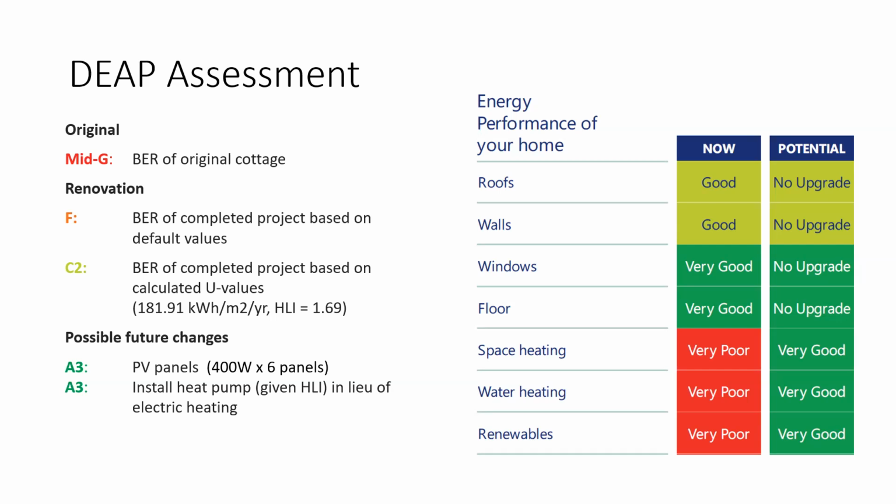In fact, we've an A1 rated passive house dwelling in West Cork that achieved an energy rating of 10 kilowatt hours per meter squared, and it still has those red very poor markers next to the space heating and water heating under the DEAP assessment. So we carried out an alternative assessment using PHPP software, which was developed by the Passive House Institute, to get a greater understanding of the actual performance that would be given by the building relating to the fabric and following the retrofit.